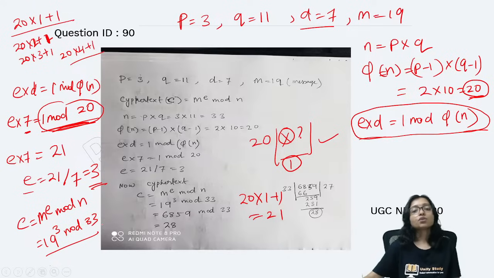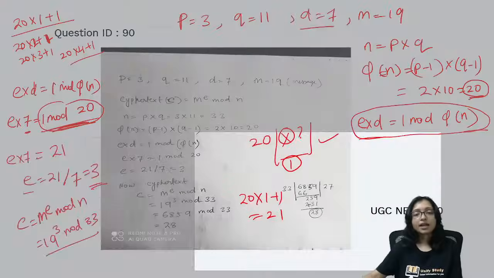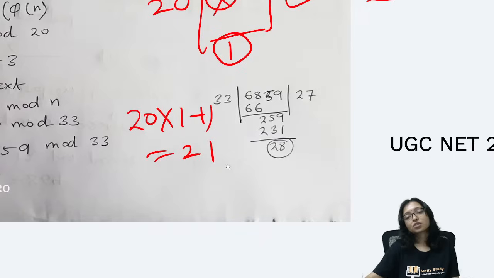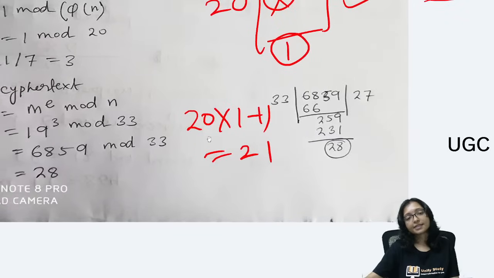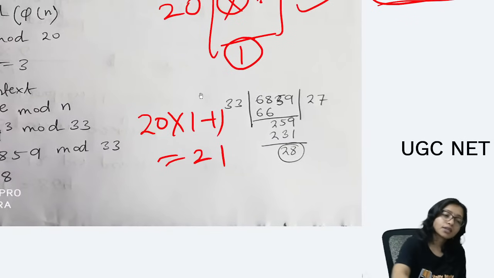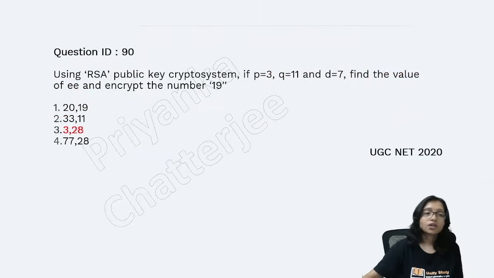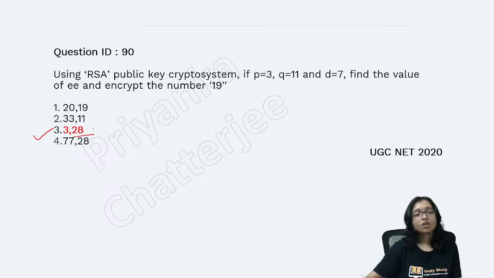If you are doing 19 to the power 3 mod 33, you are dividing it and getting 6859, then if you divide by 33, you get the remainder 28. So you are getting the answer 28. So that's why your answer will be 3 and 28.